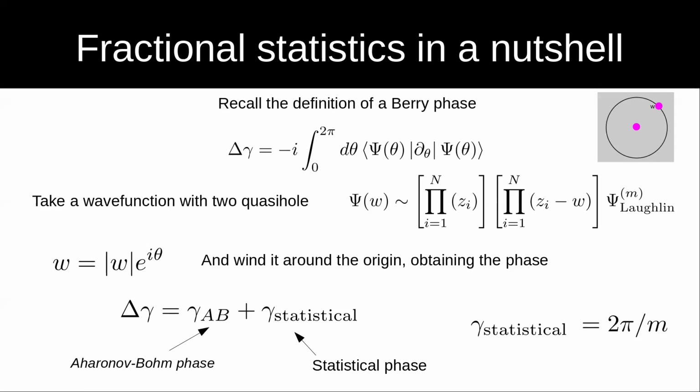It is not the phase of a fermion, it is not the phase of a boson, but it is the phase of an anyon, which is a quasi-particle that is different from both bosons and fermions. So we started with a many-body wave function for electrons, for fermions, and we end up with a many-body excitation that doesn't behave like an electron, and doesn't behave like a boson. This is one of the simplest examples of fractionalization in quantum matter.